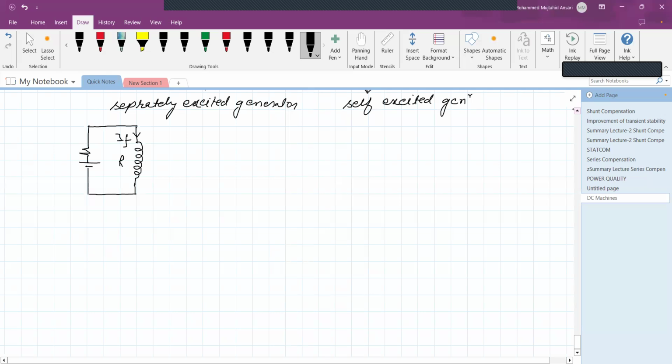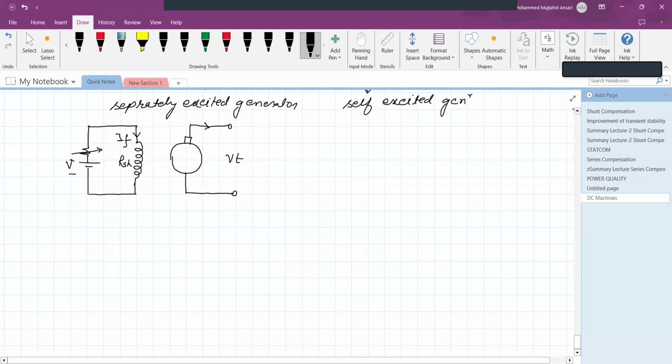This is the field resistance RSH, this is the variable resistance, and this is the battery source V. The armature is electrically isolated from the field winding, and it is going to generate the voltage. So this is the separately excited DC generator. The terminal voltage is VT.